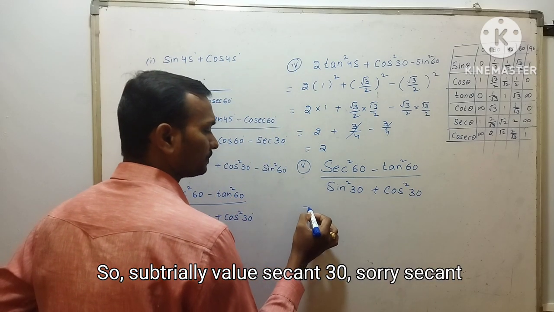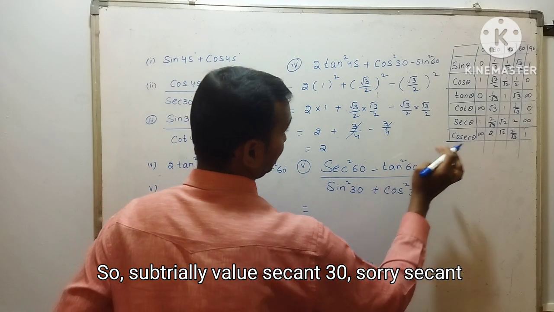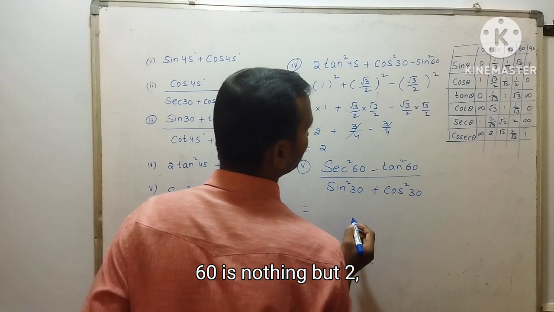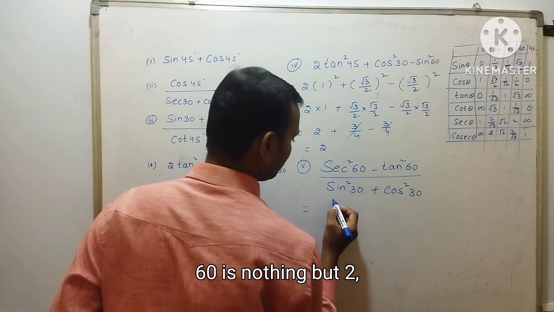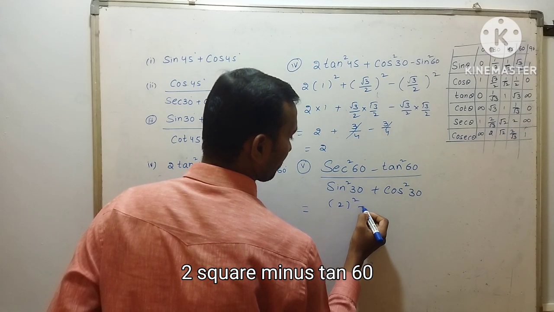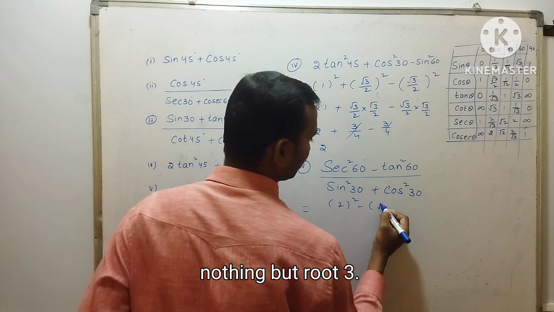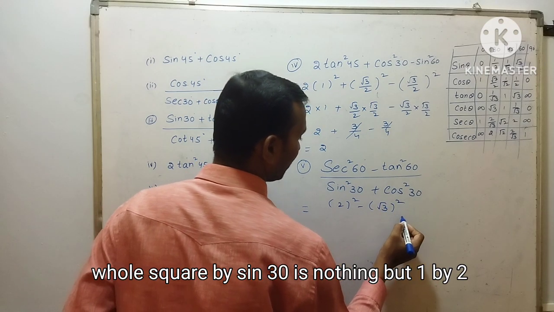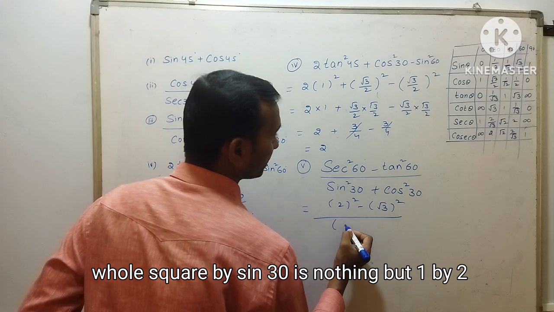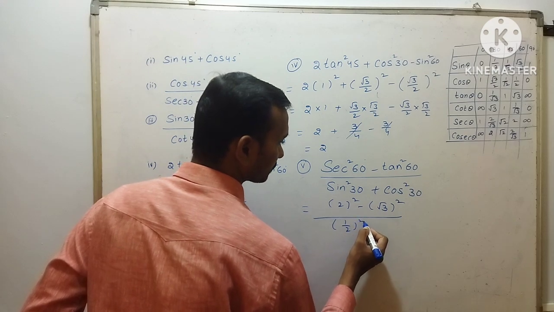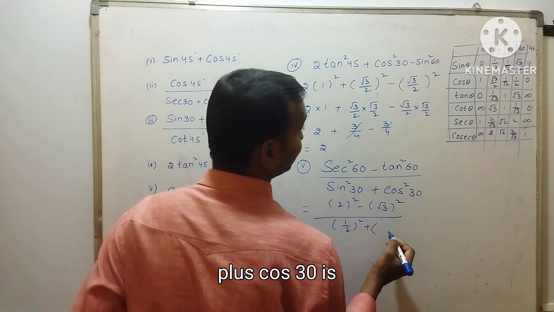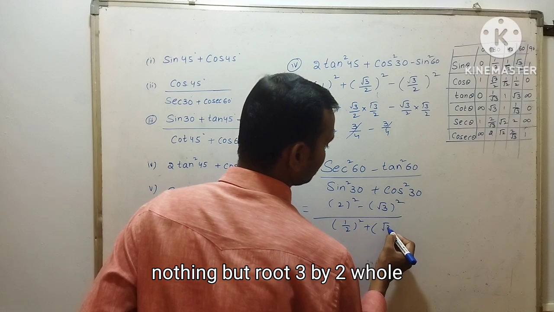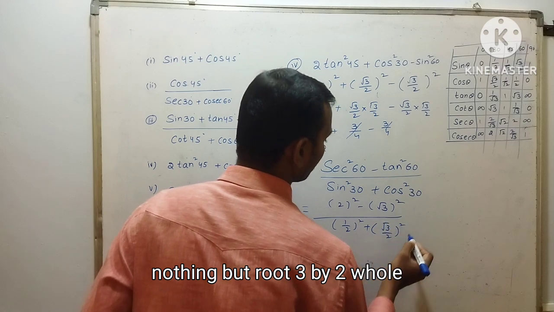So substitute the values. Secant 60 is nothing but 2 square minus tan 60 is nothing but root 3 whole square, by sin 30 is nothing but 1 by 2 plus cos 30 is nothing but root 3 by 2 whole square.